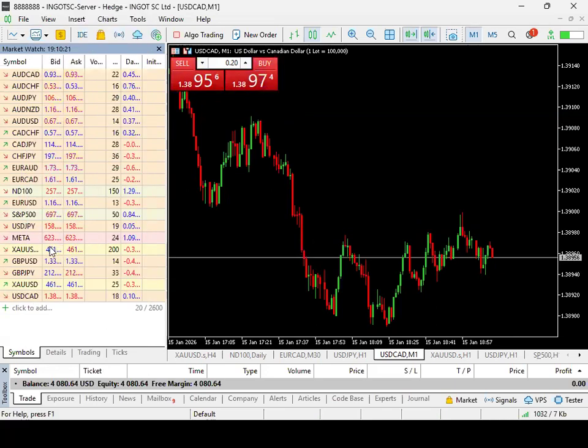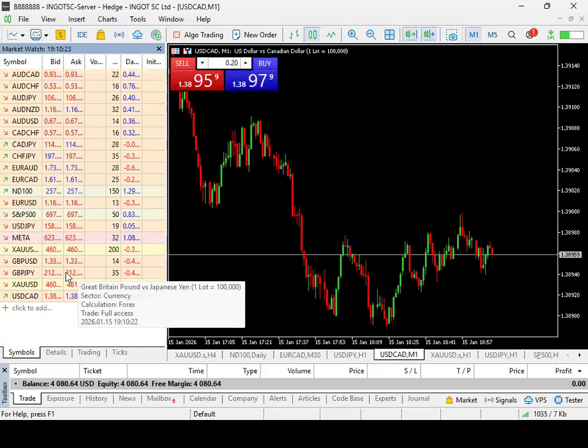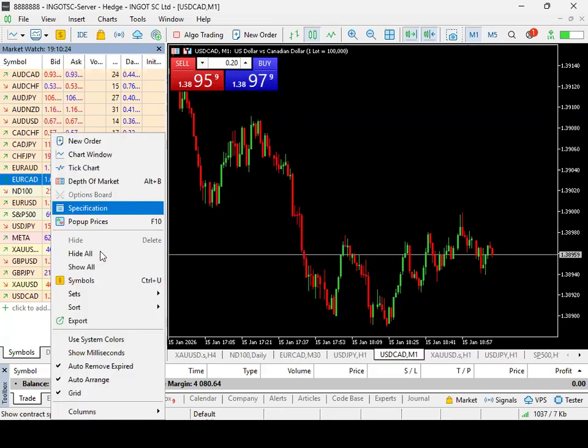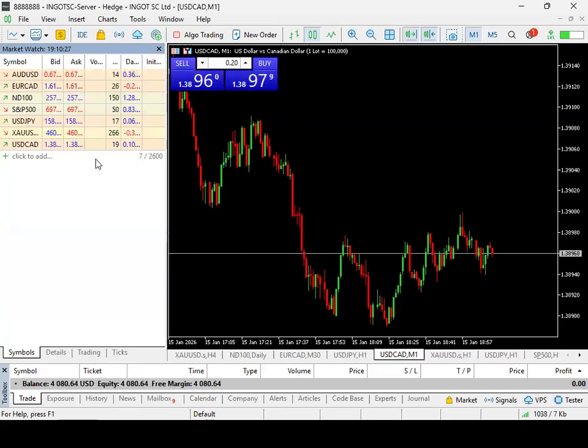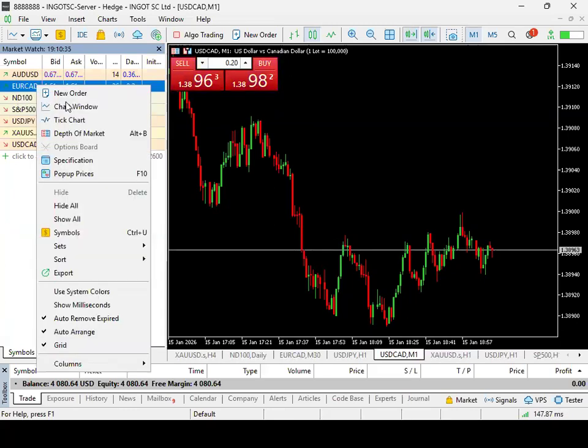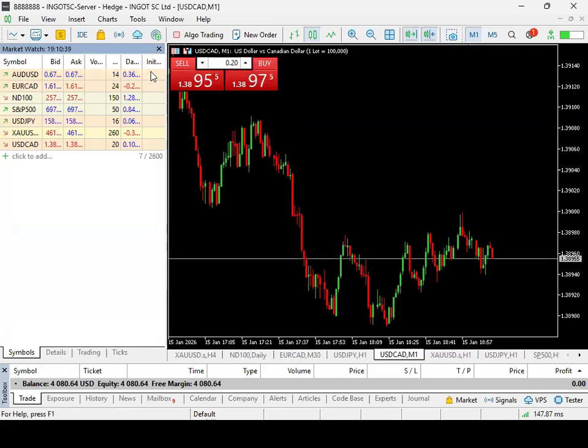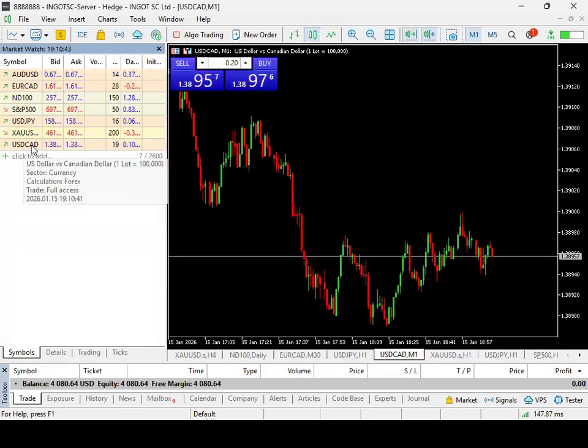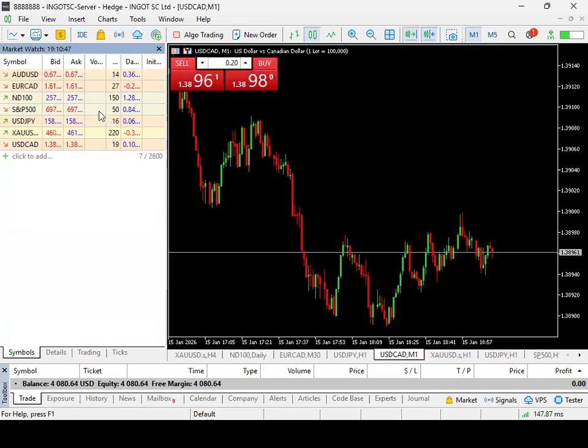So that is how you do it. If you want to remove them, you just hide. You can choose to hide all. See, all that batch that I've chosen, I've hidden all and everything has disappeared. Okay. So I can choose just to remain with a few that I'm trading. I can just choose to remain with only this that I am trading. That is just to have this over there.